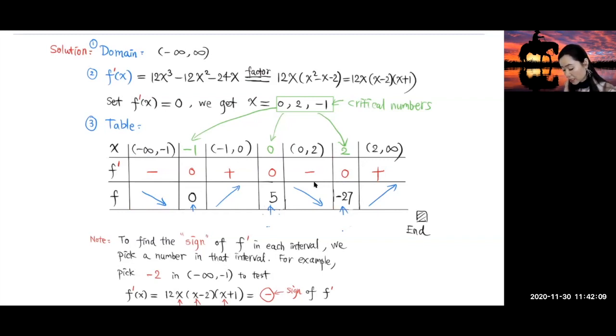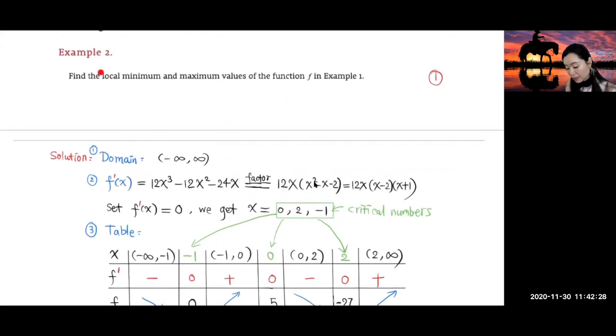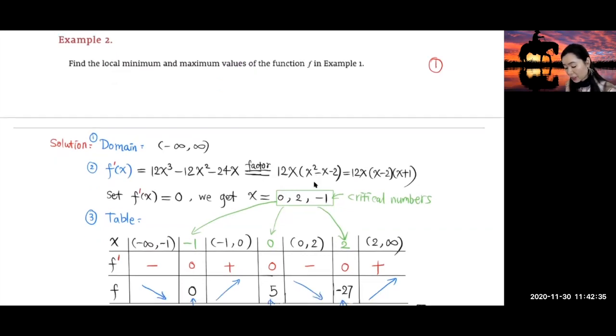The function is increasing on this interval and this interval. So increasing on this interval union this interval. So this table already answered the question, and you don't have to write down sentence after sentence. And also, number 2, they ask you for the local max and local min of the function. This table also answered that.